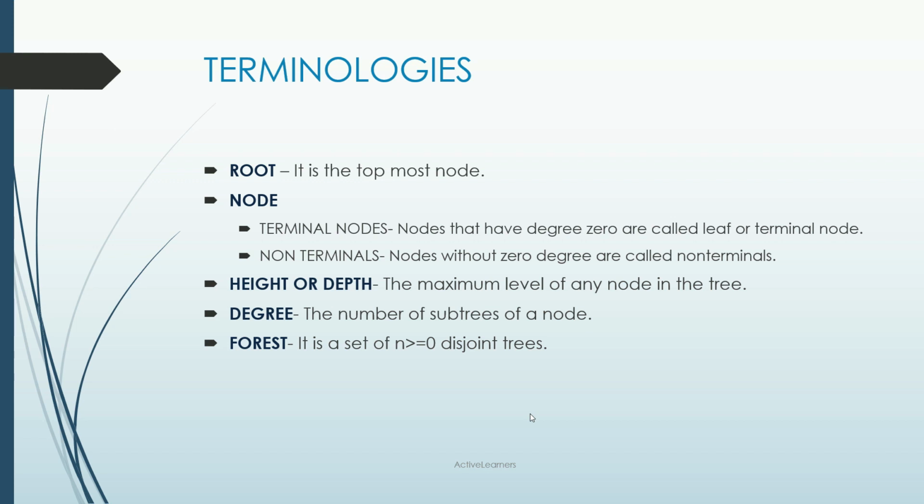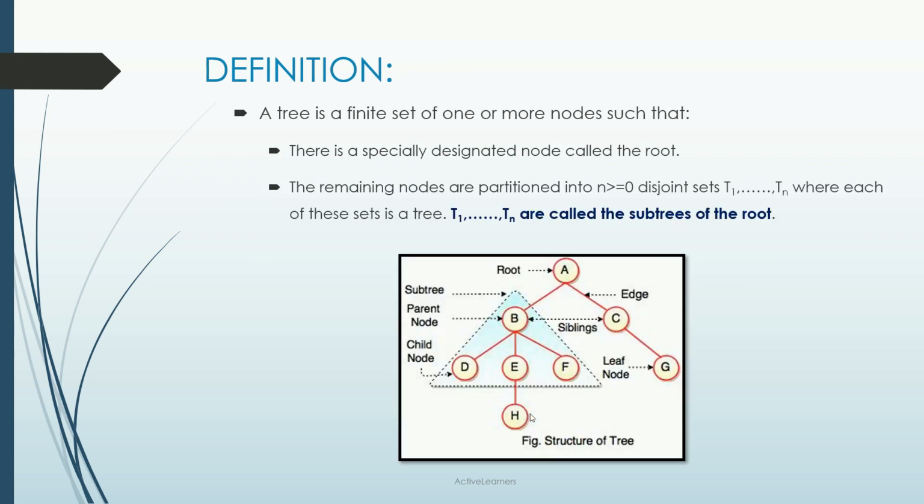Terminal nodes, the term itself reveals the nodes which are all present at the bottommost level. That is a terminal node. For example, nodes that have degree 0 are called leaf or terminal nodes.